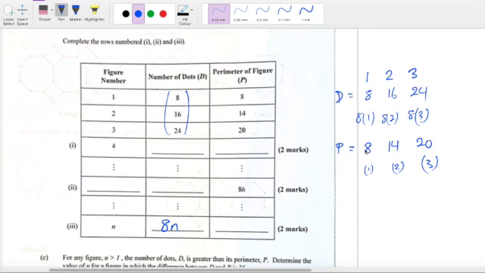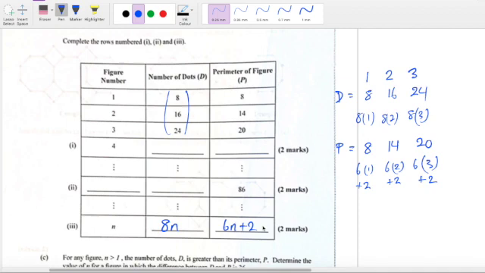So let's go one less. Let's go with 6. 6 ones are 6 plus 2 is 8. 6 twos are 12 plus 2 is 14. 6 threes are 18 plus 2 is 20. So yeah, I guess I was lucky. 6n plus 2.